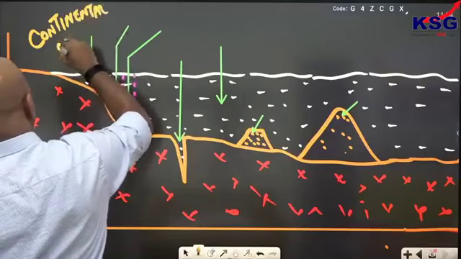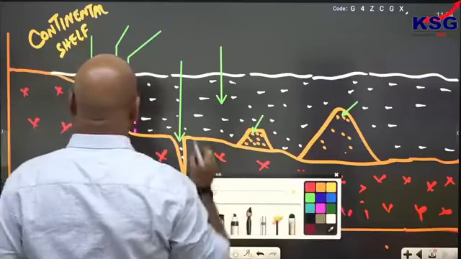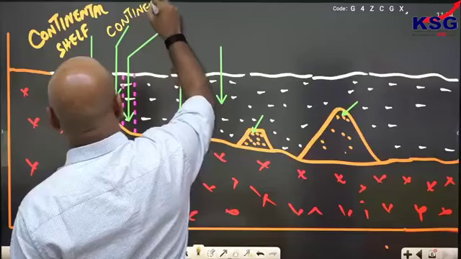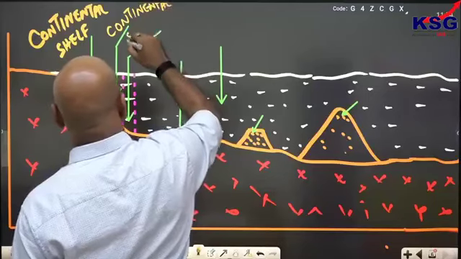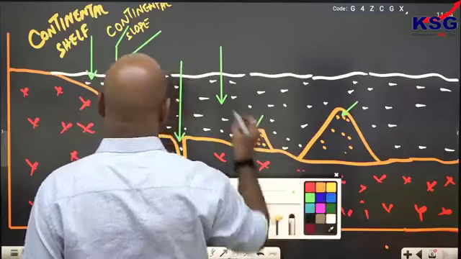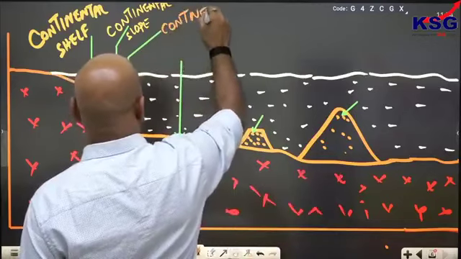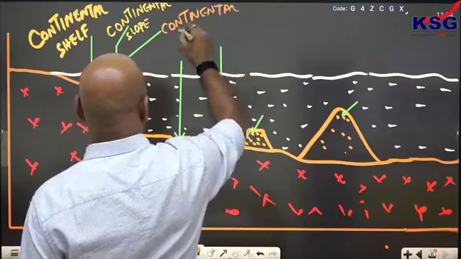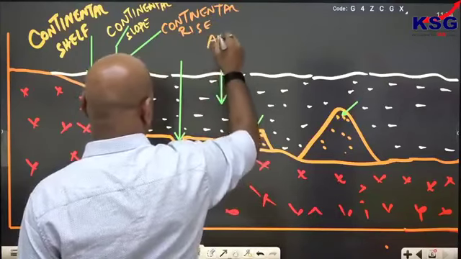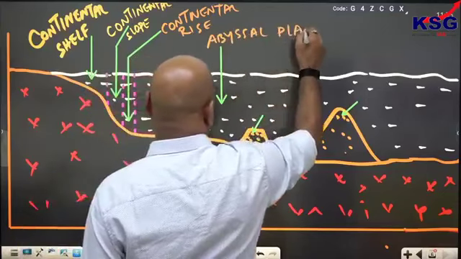Continental shelf. This is continental slope. This one is continental rise. ये हो गया आपका abyssal plain.